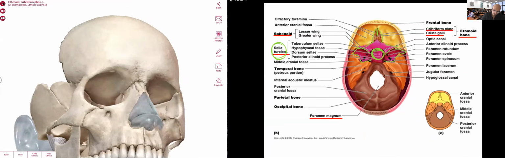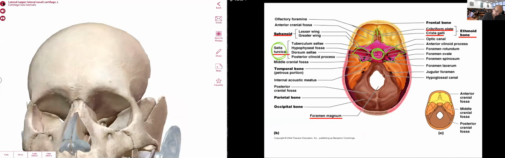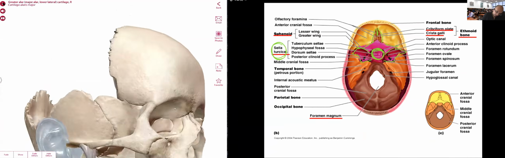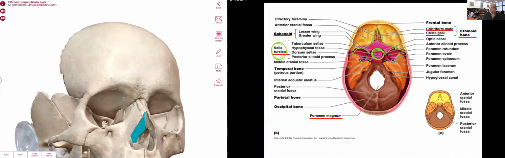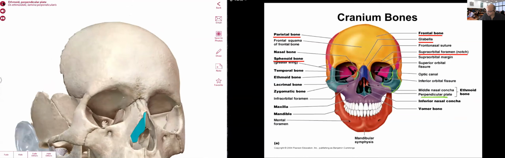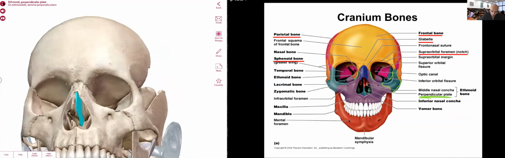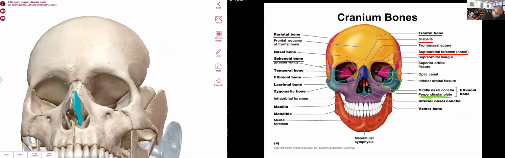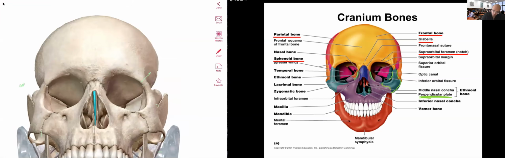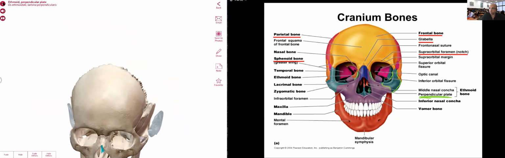We've seen another part of the ethmoid bone inside the nasal cavity. This is called my perpendicular plate. And on the sides of the nasal cavity, those elevated ridges are my middle nasal conchae, which are again part of the ethmoid bone.